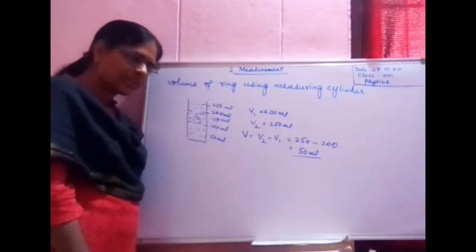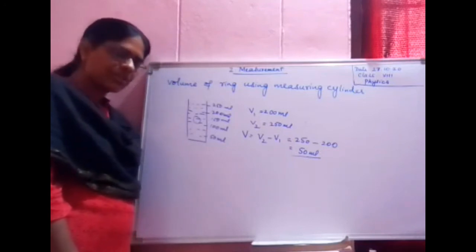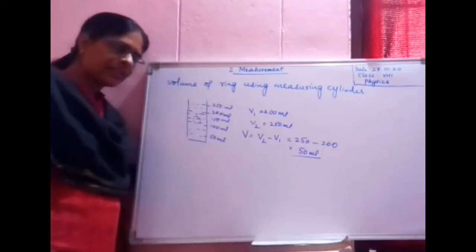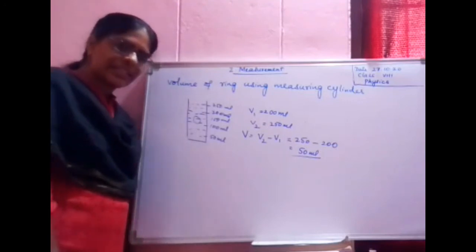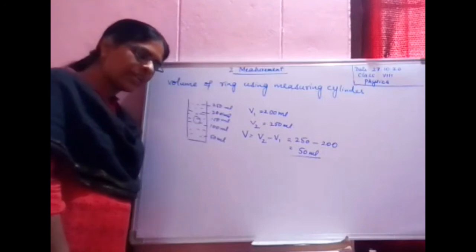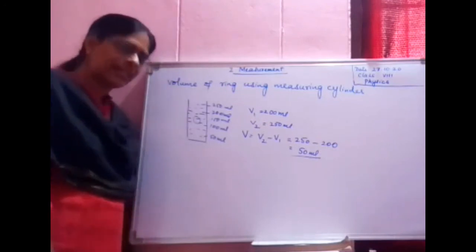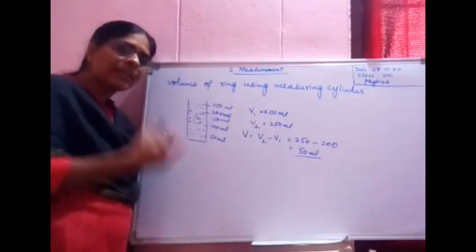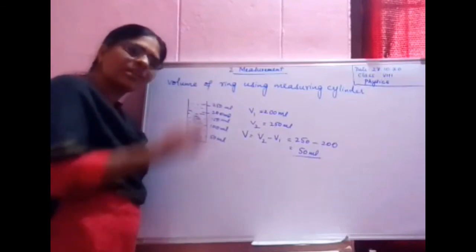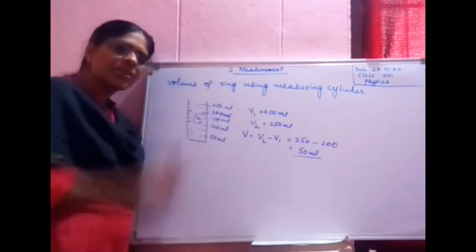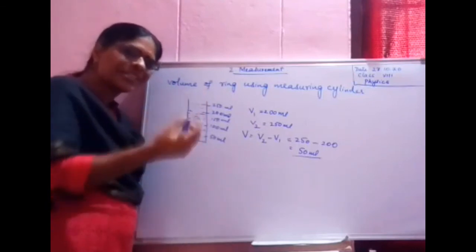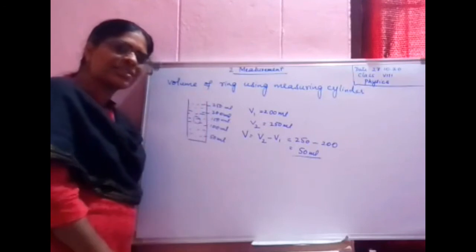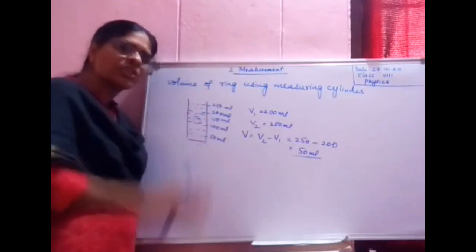Observe the difference. Observation: you will observe that the level of the water increases when you put the gold ring in the cylinder. Why does the level of the water rise? Because the gold ring displaces the water there. It has changed the position of the water.